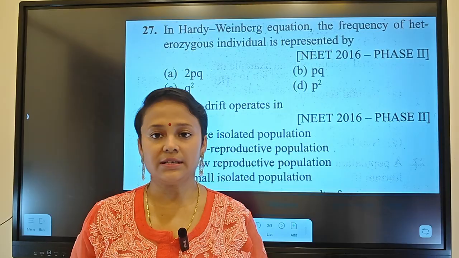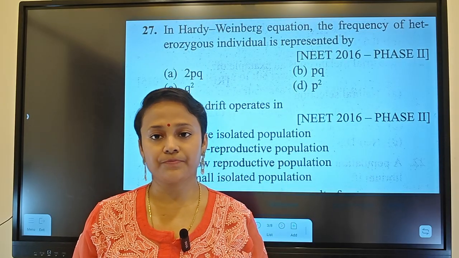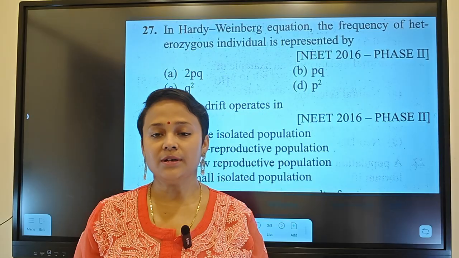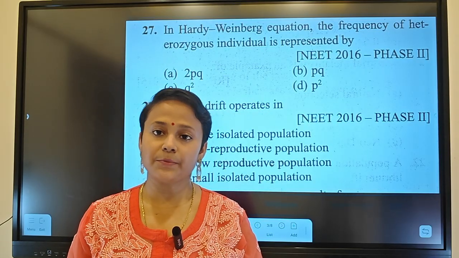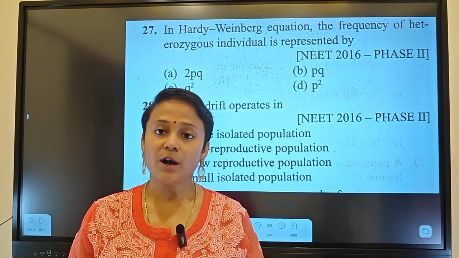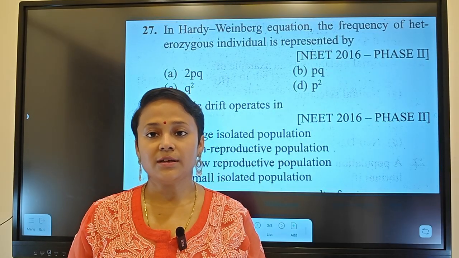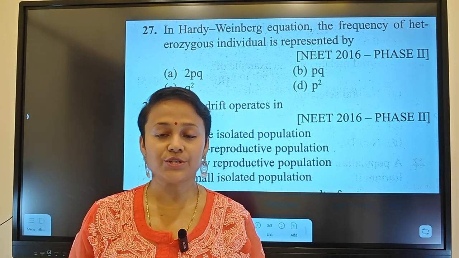Today's topic is numericals from the Hardy-Weinberg equation. In the previous video, I discussed the theory and concept part of Hardy-Weinberg equilibrium, and how the disbalancing of the Hardy-Weinberg equation will occur.